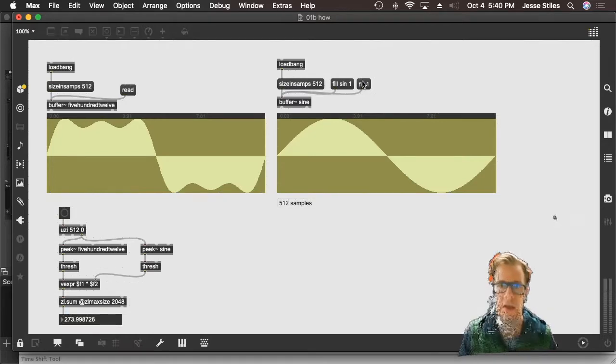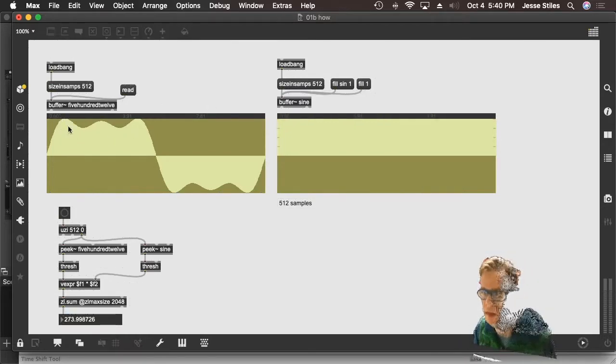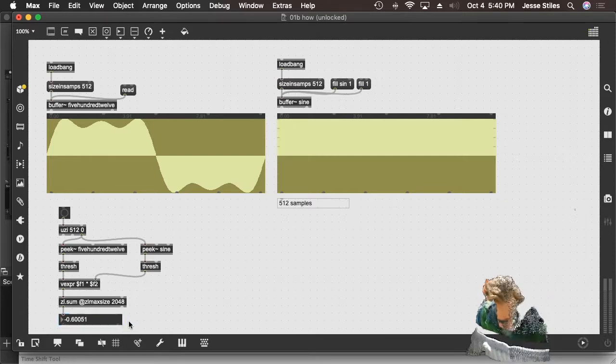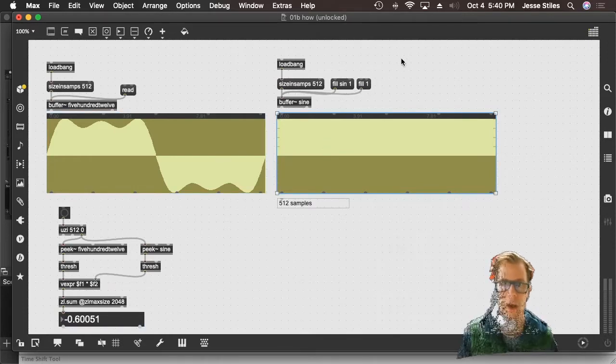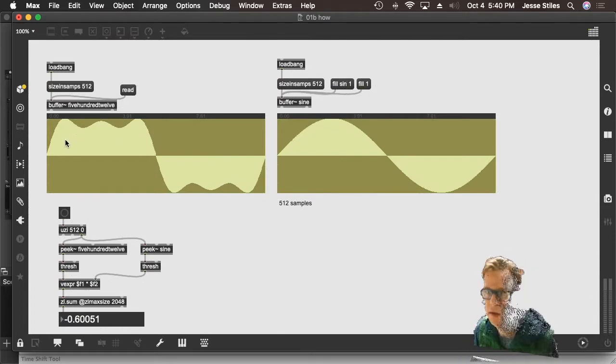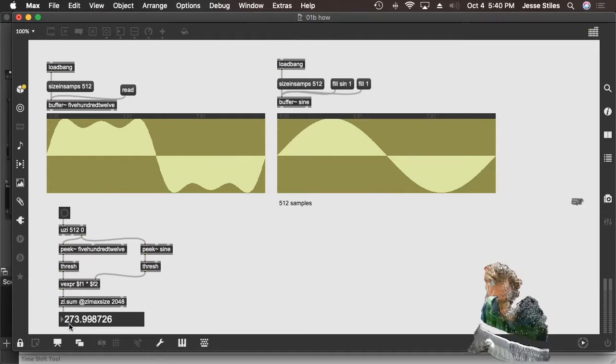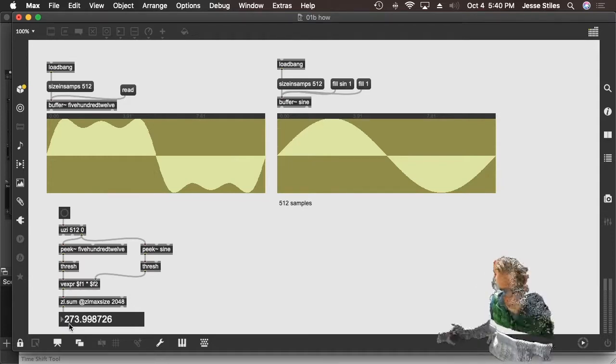So let's try taking the product of this versus a buffer that's full of 1s. You can see the result is pretty close to 0. So this does not correlate very well to this, but let's do it again, trying to correlate this to this sinusoid. You can see we get this large non-zero value.